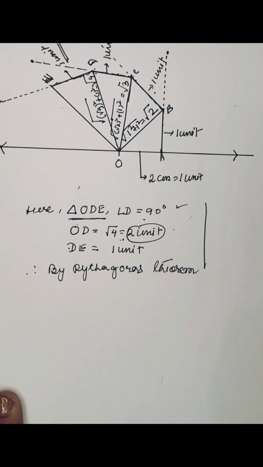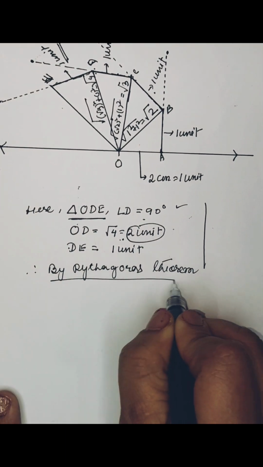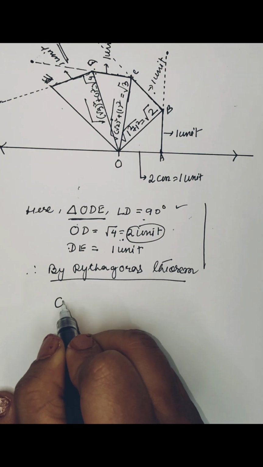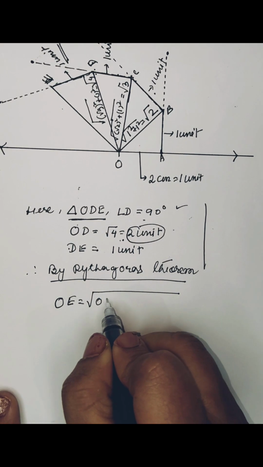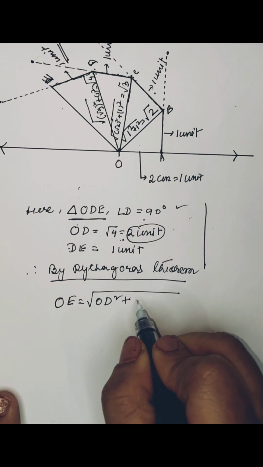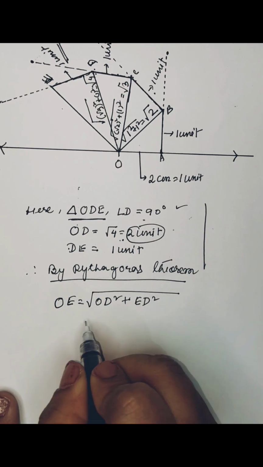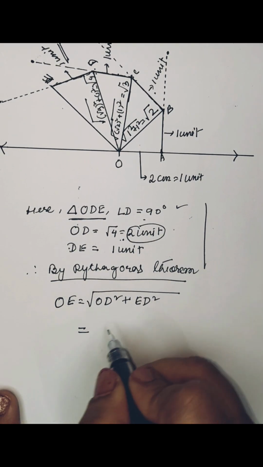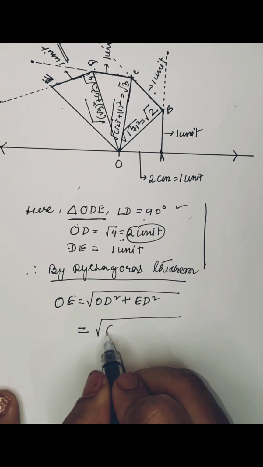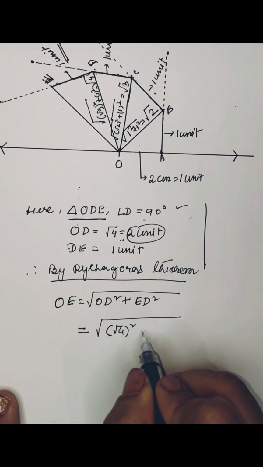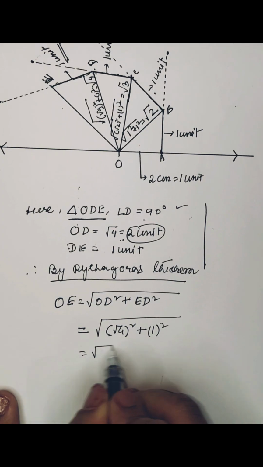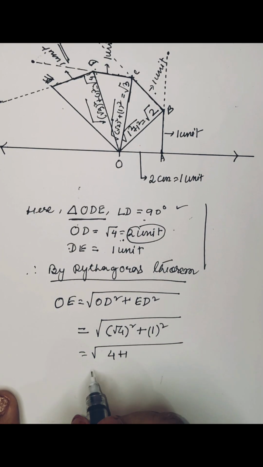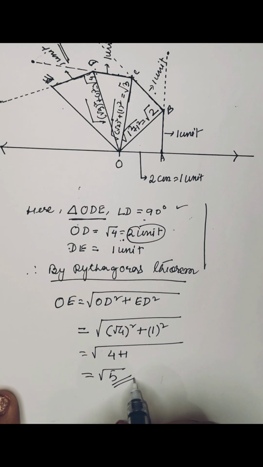So, by Pythagoras theorem, finally we can find OE equals square root of OD square plus ED square. Therefore, square root of root 4 square plus 1 square. So, square root of 4 plus 1, it is square root of 5.